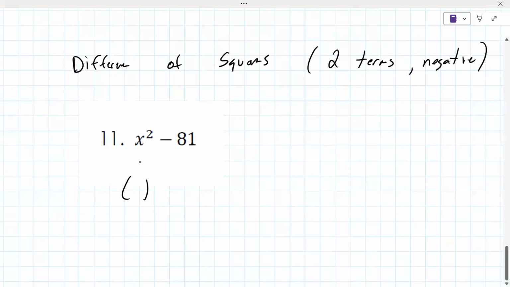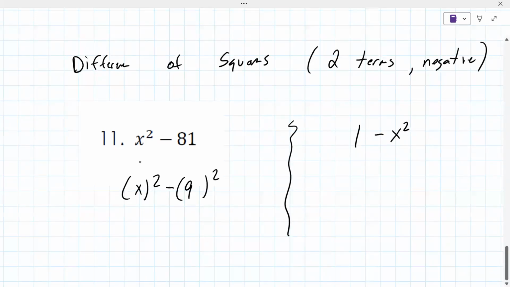You have to figure out what squared minus what squared. So is it always going to be like x squared minus something, or can it be like a number squared? It could be a number. Like we could do 1 minus x squared. This would be totally valid. The order does not matter.